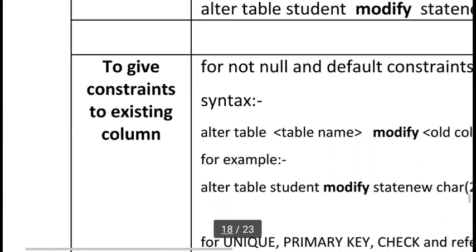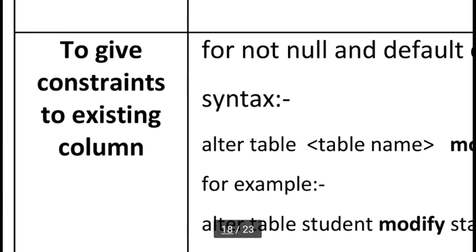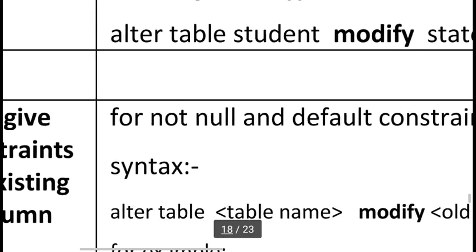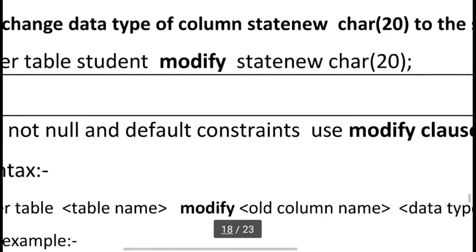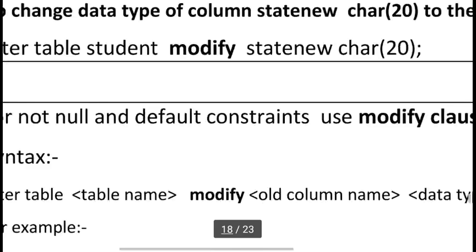To give a constraint to an existing column, the new thing is that we can also use constraints. Our constraints are primary key, foreign key, not null, default, check. For NOT NULL and DEFAULT constraints, we use the MODIFY clause.